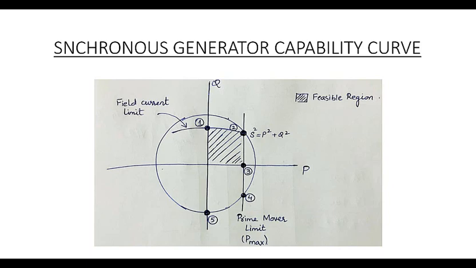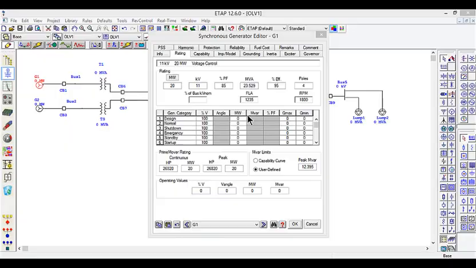Point 1 shows the maximum reactive power that this generator can deliver. Point 2 is of course the optimum point of this generator with maximum active and reactive powers, and point 3 is the maximum active power that this generator can deliver. Point 4 shows the amount of power that it can absorb, and so does point 5.